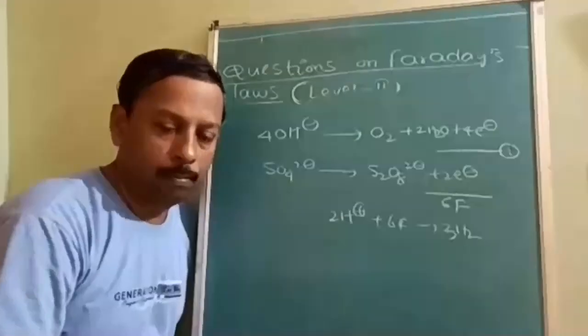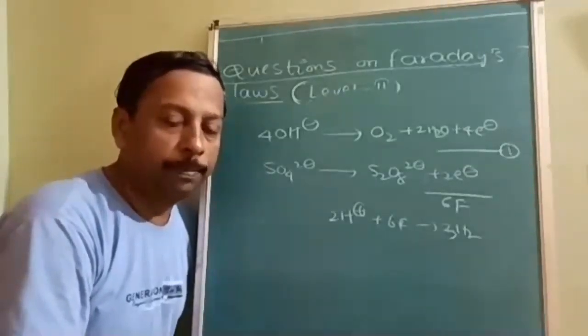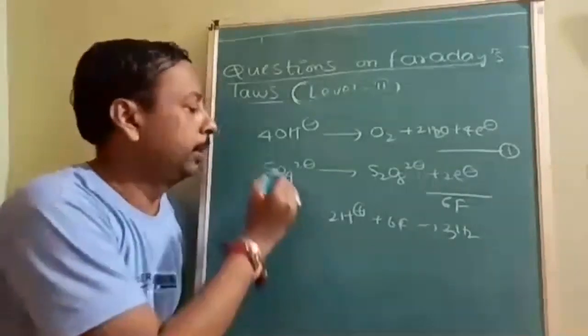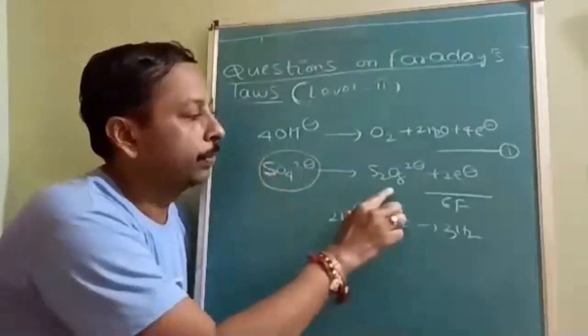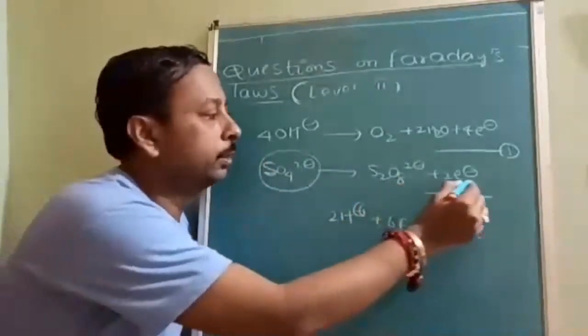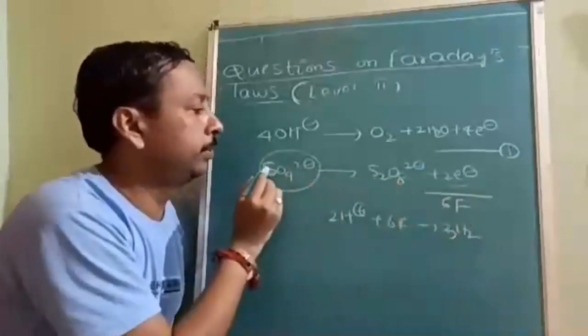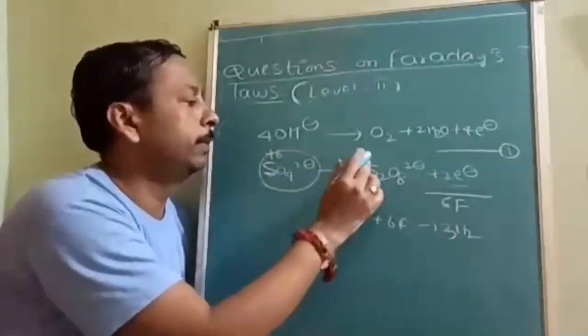During electrolysis of sulfuric acid and peroxydisulfuric acid, the reaction taking place will be SO4 2- forming S2O8 2-. If you balance both, the change in oxidation number will be +6 and +6.